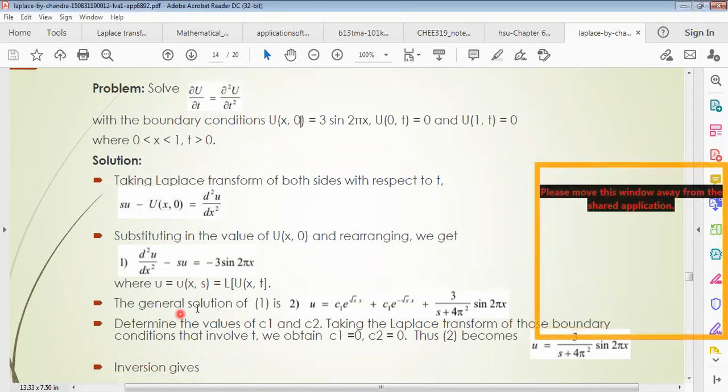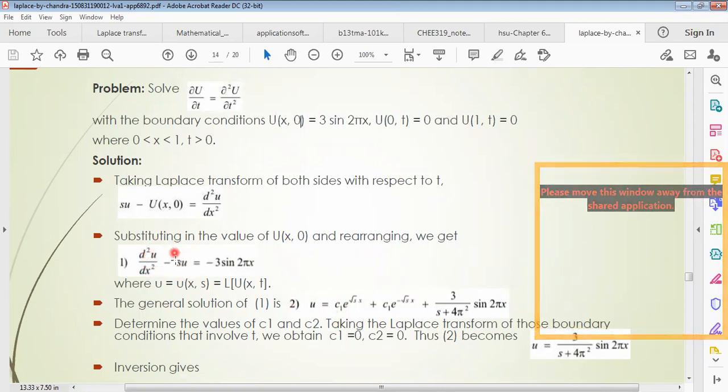So the general solution of equation 1 will be u equals this. Actually, this is a linear differential equation. You can easily solve it.